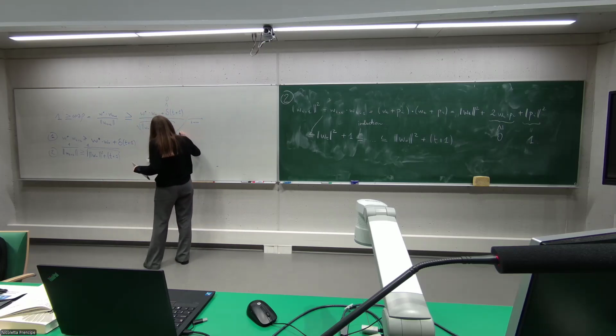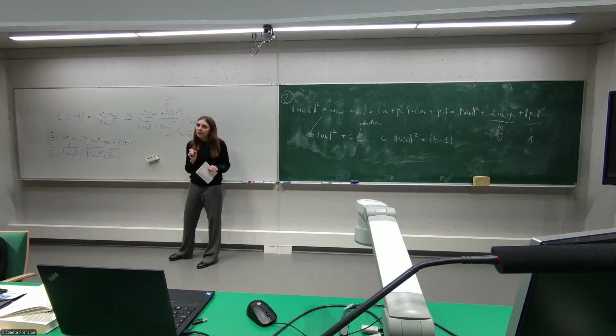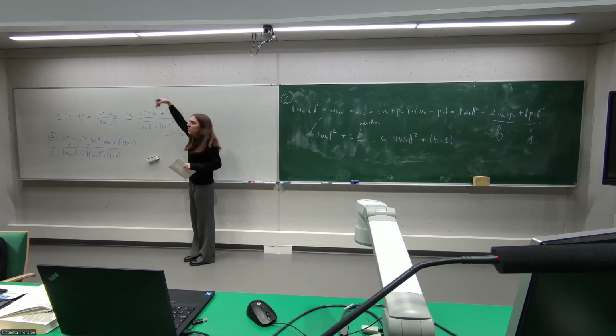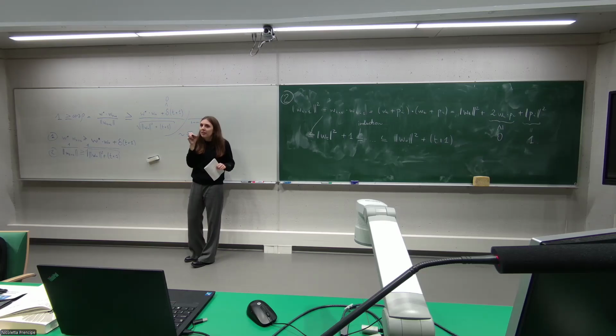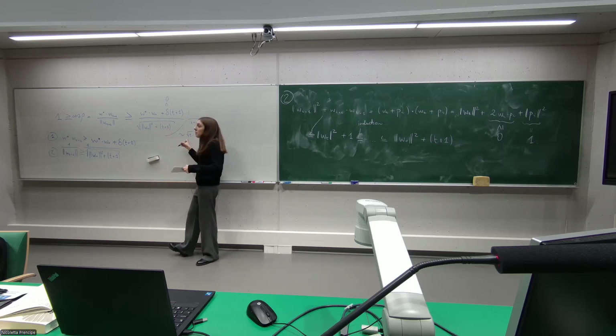All this thing behaves like the square root of t, because the numerator behaves like t, and the denominator behaves like the square root of t. It's a t plus 1 over a square root. So for t that goes to infinity, this behaves like the square root of t. And it does that because the constant multiplying t is positive. Otherwise, it would go to minus infinity. Like this, when t goes to plus infinity, it goes to plus infinity because I have a delta.